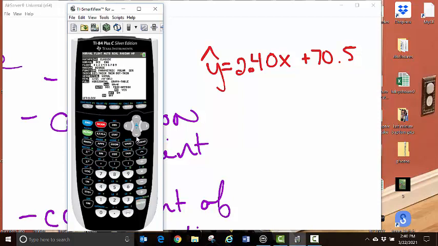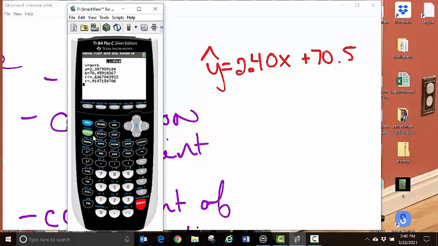So I'm going to go to mode, or you can go to catalog. Now if I did it again, sorry, there's just a huge lag on this thing.